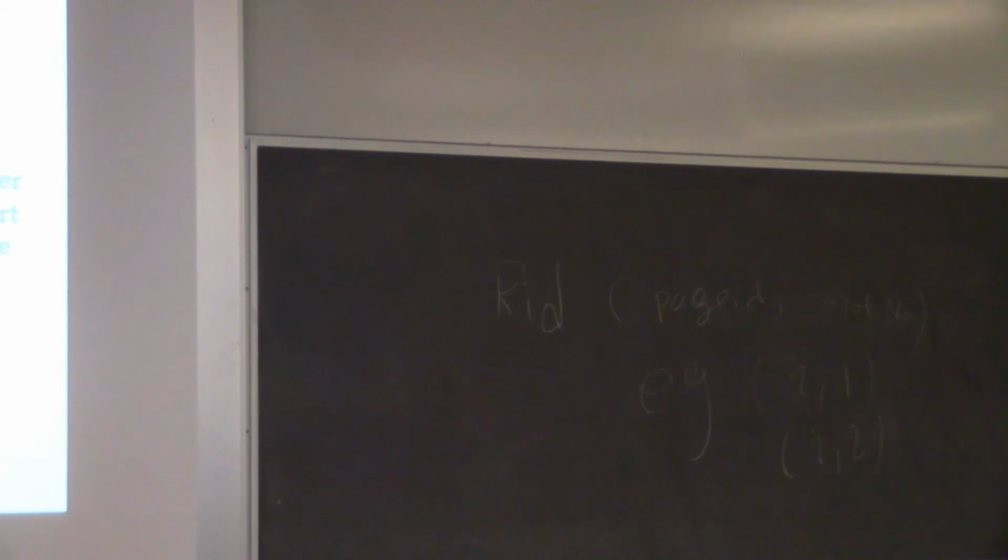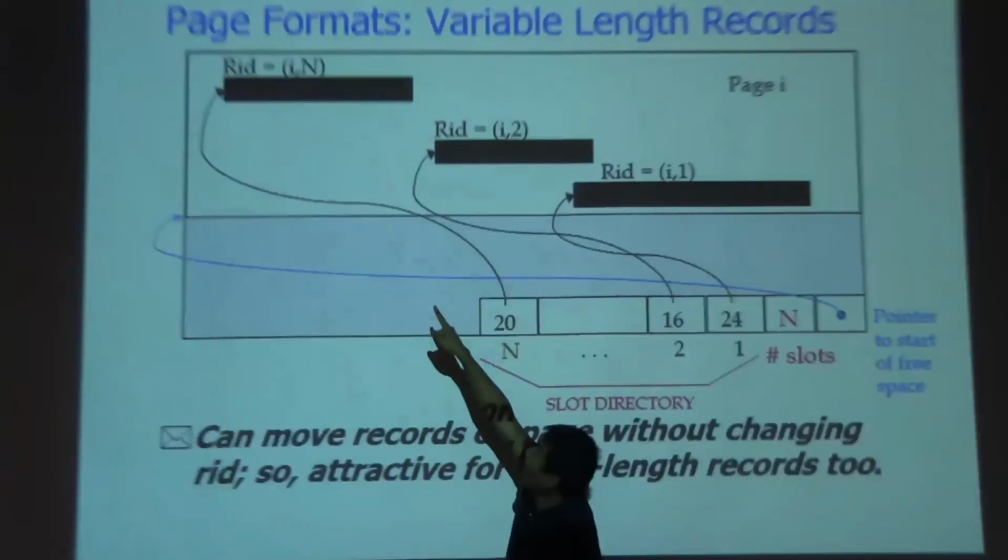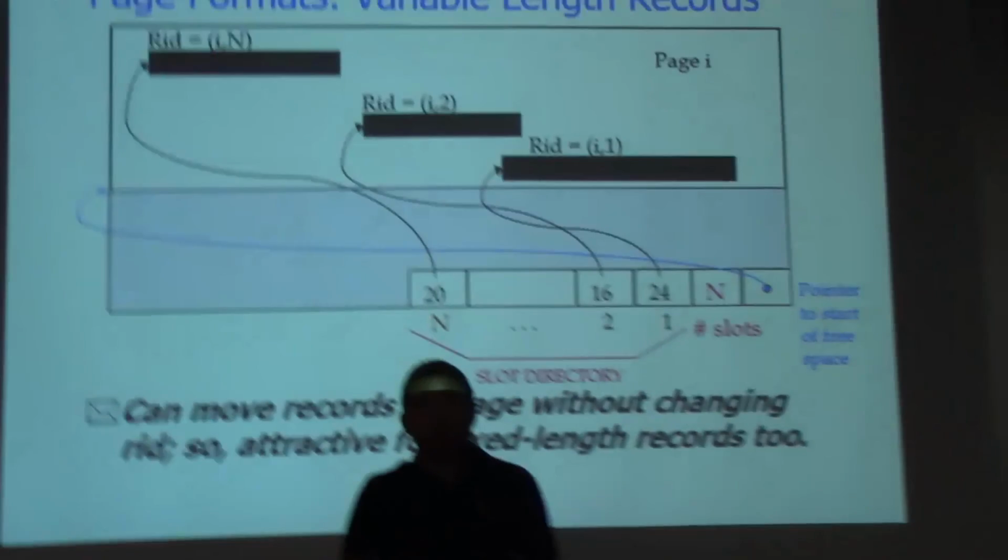So I1 is this record. Is the first record in the slot entry, not the first record in the record space. Do you follow me? So that's I2 because that's the second slot entry. This is the IN because that's the nth slot entry.